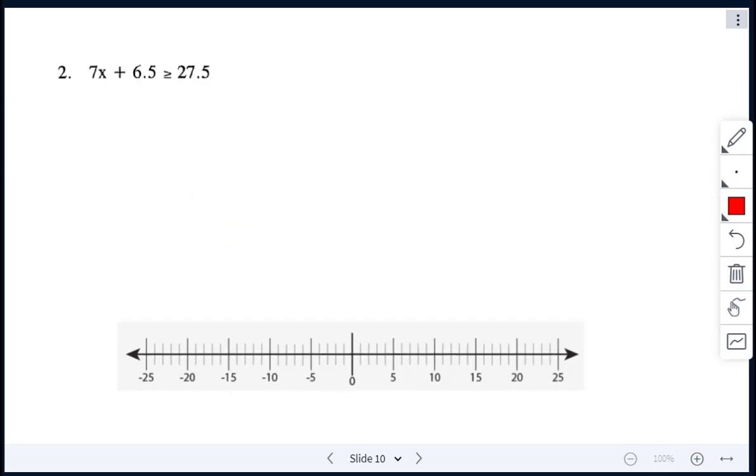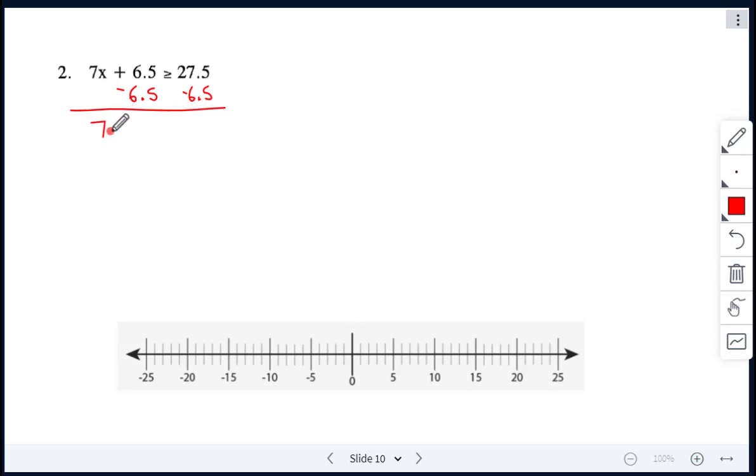So here we have another inequality to solve. We have 7x plus 6.5 is greater than or equal to 27.5. It is a type 2 equation, so our first step is to subtract 6.5 on both sides.